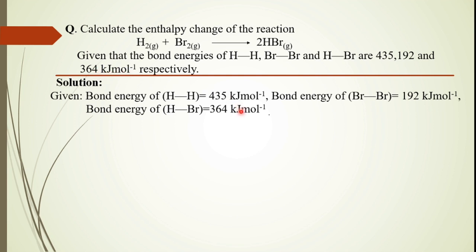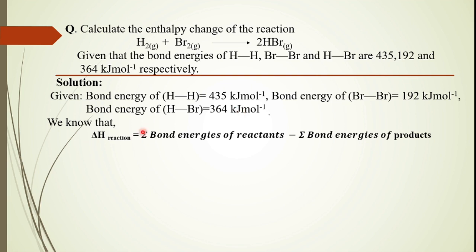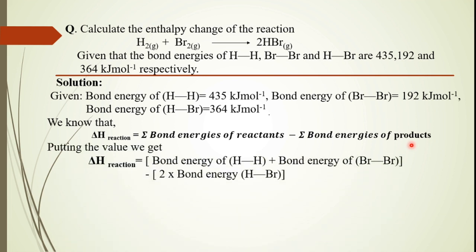So now we know the formula that delta H for the reaction is given by the summation of bond energies of the reactants minus the bond energies of the products. Is it okay? Next. Now putting the values. First we will see the reactant terms.